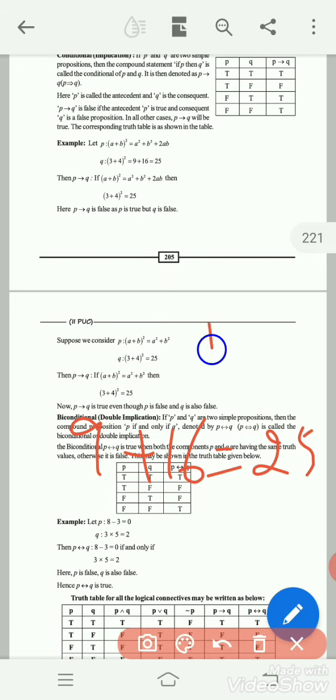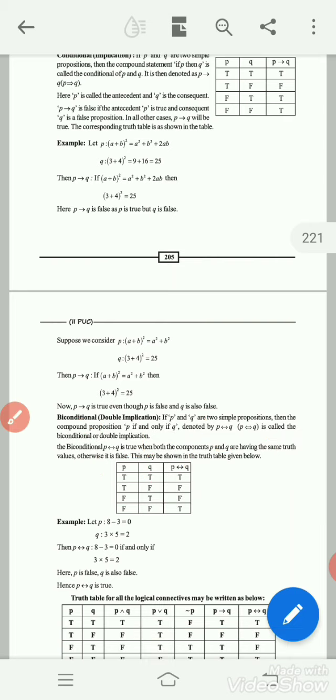So here P is also true, Q is also true. Therefore here P implies Q is also a true statement. If the first statement is true and the second statement is false, then only P implies Q is false. In all other cases, it is true.